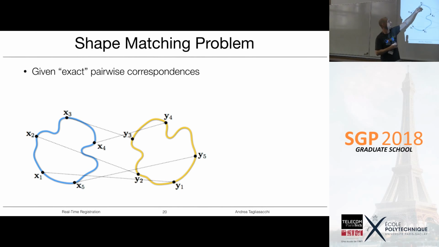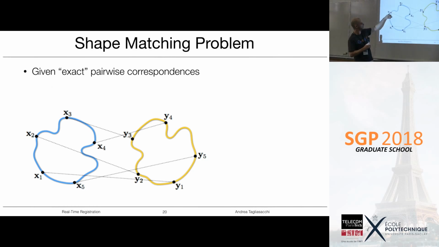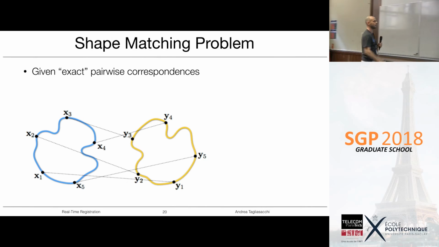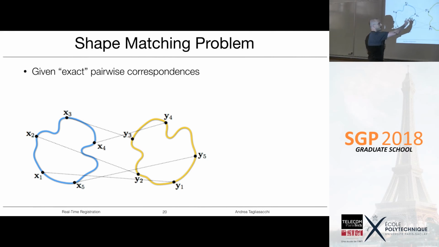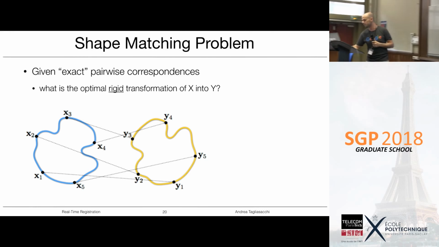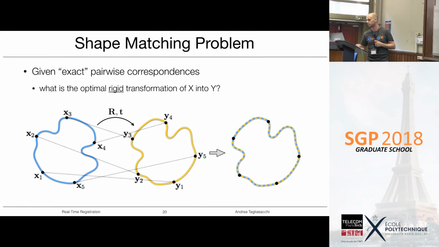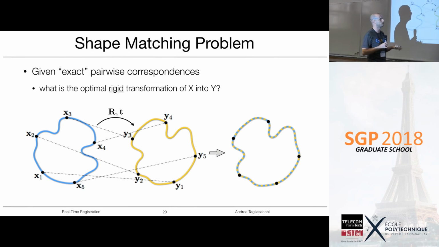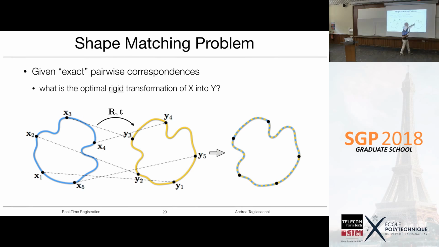So you know that x3 is mapped to y3, you know that x2 is mapped to y2. And now what you want to do is, can you please tell me what is the roto-translation that takes the shape right here, rotates it and translates it so that it's in overlap with the second one. And if you're doing a perfect job, that's essentially what you expect, right? And actually when you talk about registration algorithms, this kind of visualization is pretty common.